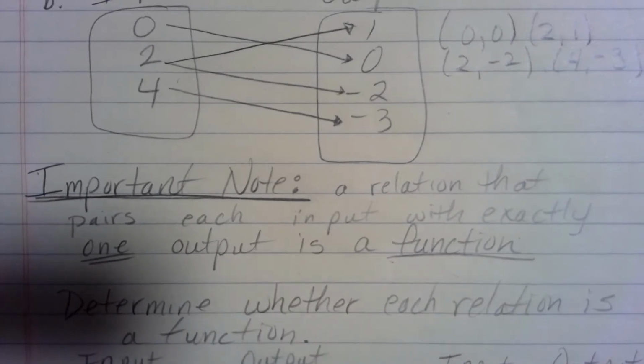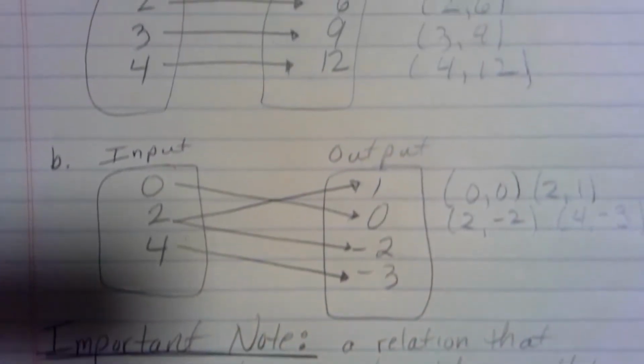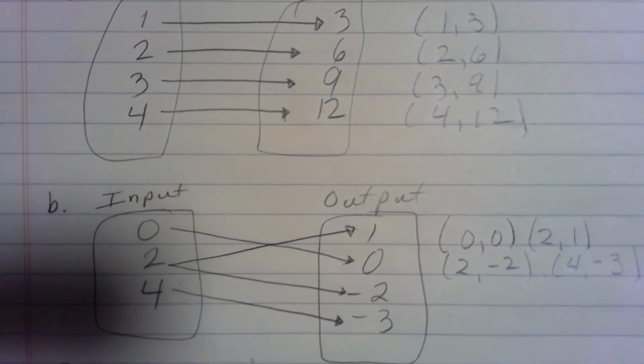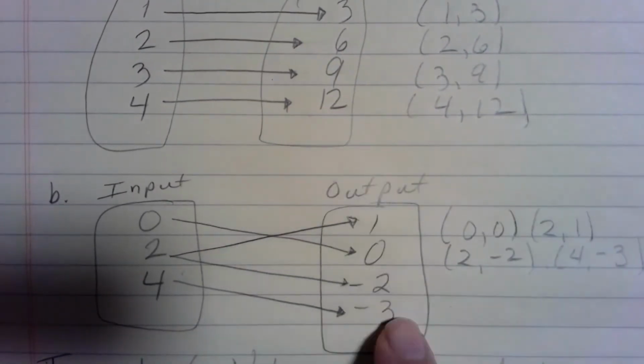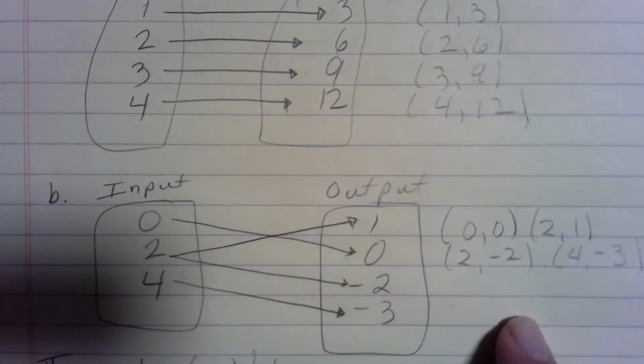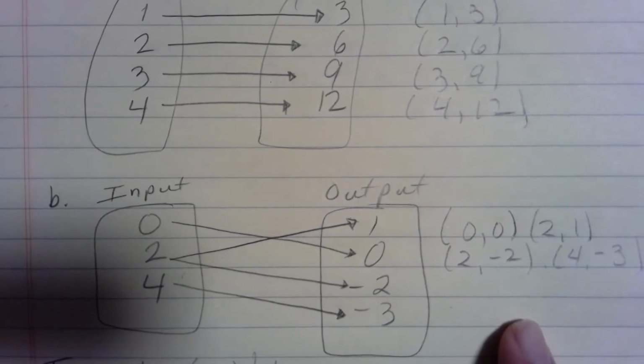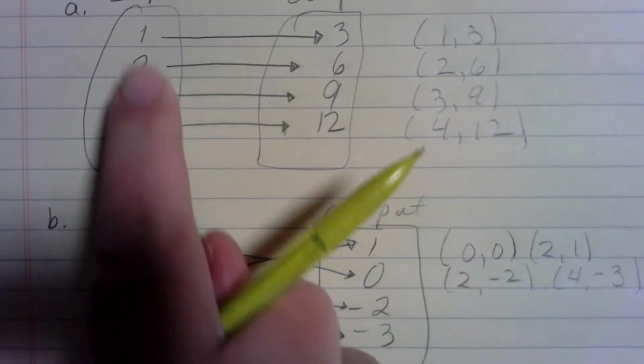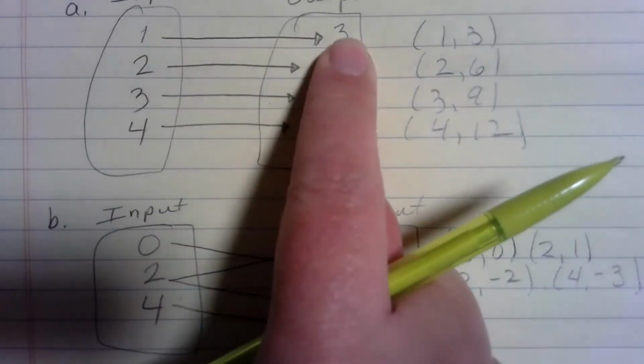If we go back and look at what we just wrote down, which one, if any, is a function? Which one is not? Well, here, each input had only one output. So this is a function. This would represent a function.